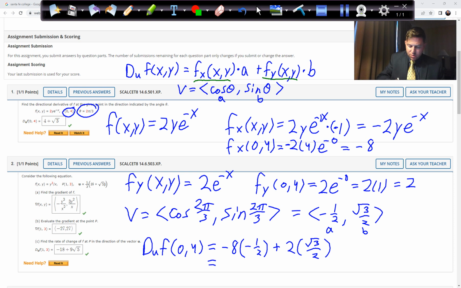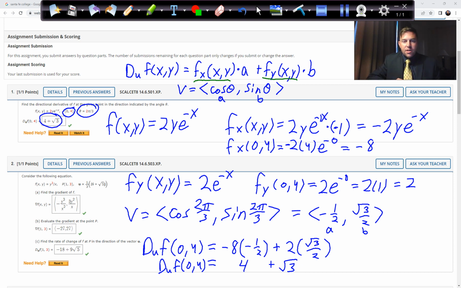This will simplify to positive 4. These 2's will cancel, and you will get square root of 3. So the directional derivative of f at the point (0, 4) in the direction indicated by the angle 2 pi over 3 is 4 plus root 3.